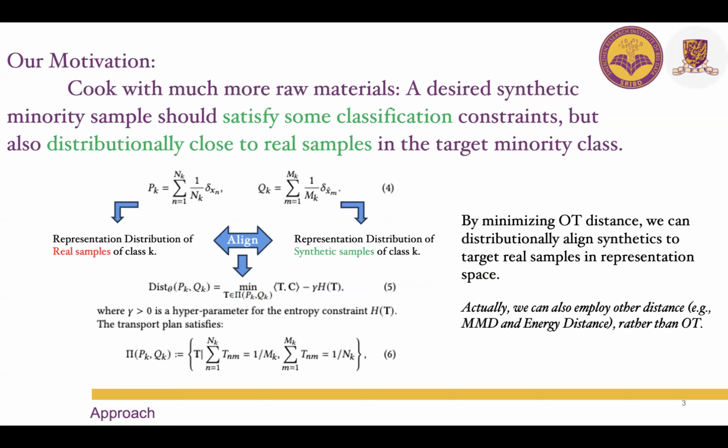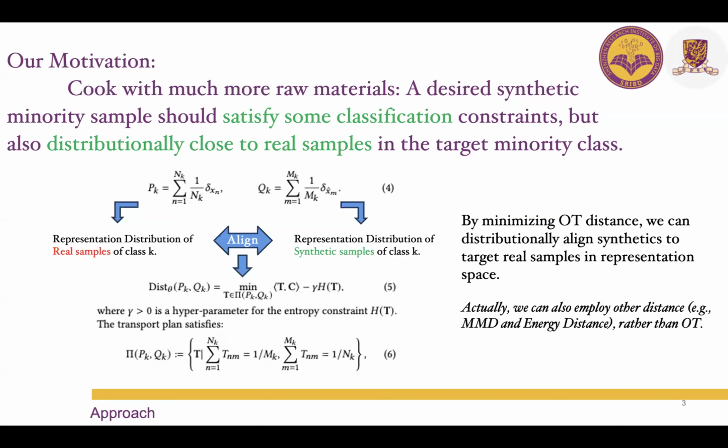So we formulated the distribution of real samples and synthetic samples of class k as two discrete probability distributions, Pk and Qk. By minimizing their distance, we can effectively align the synthetic samples in a distributional view, ensuring they are not just classified correctly, but also similar to the real minority samples.